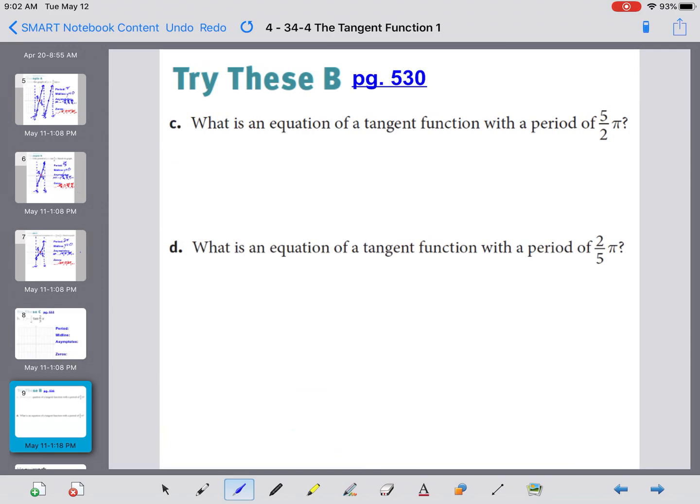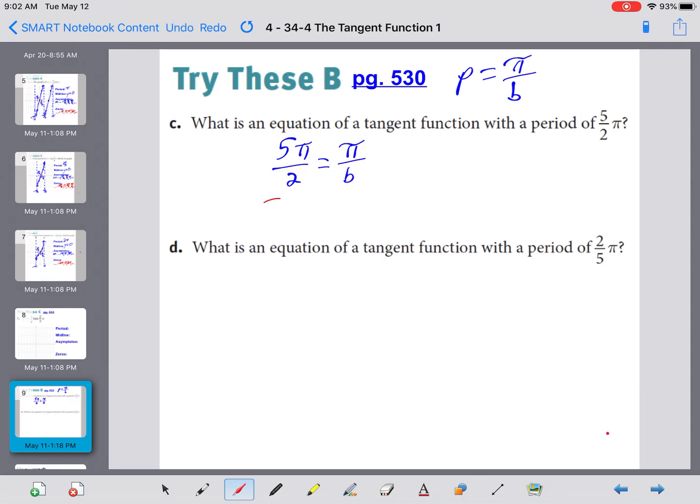Okay, so the key to these is this formula here. The period equals pi divided by b. We did this a few times with sine and cosine. You got to remember with tangent, though, it's just pi. So if I know that the period is pi over b, and I know that 5 pi over 2 equals pi over b, you can solve this little equation by what we used in the rational functions section, little cross multiplication, right?